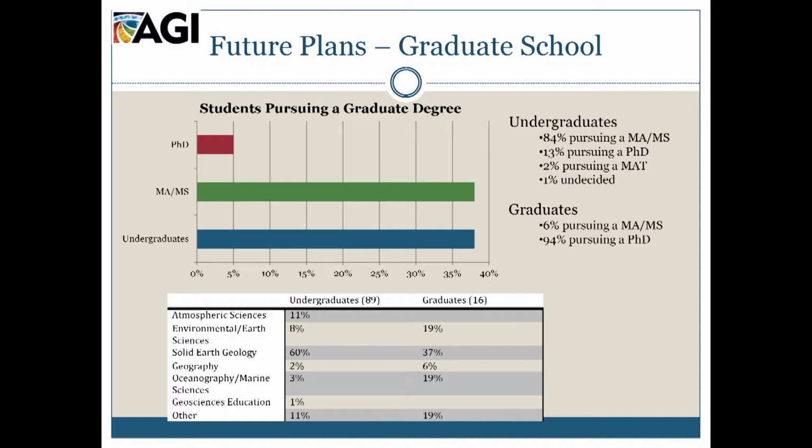And as you can see in the table, these are the percentages of students planning on going to graduate school in the field that they're interested in studying. That other category includes things like civil engineering, education, human resources, urban planning, public health, and social sciences.